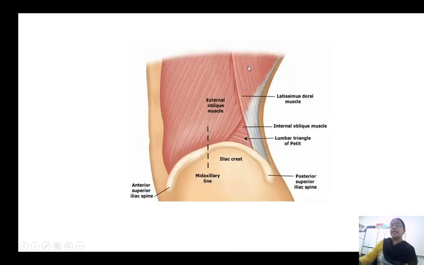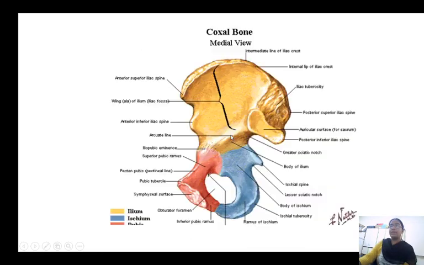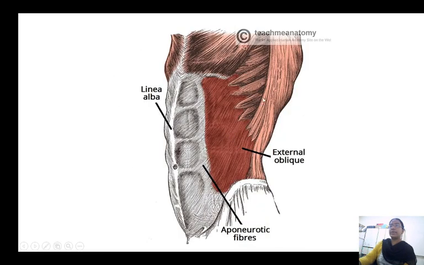Next, when they are inserting into the outer lip of the iliac crest, these are the posterior fibers here. These posterior fibers consist of two layers, an anterior and a posterior boundary.